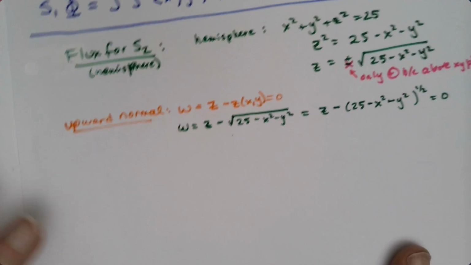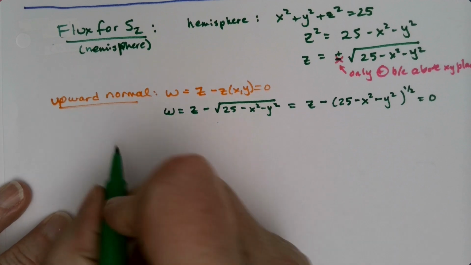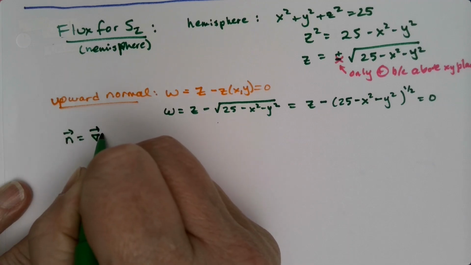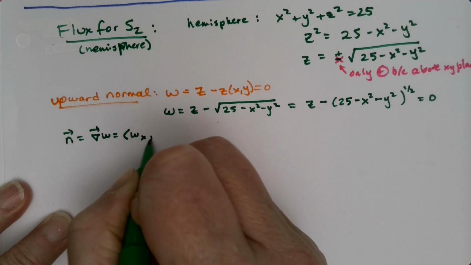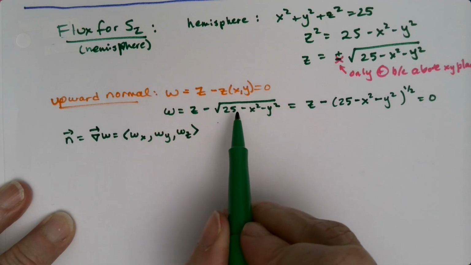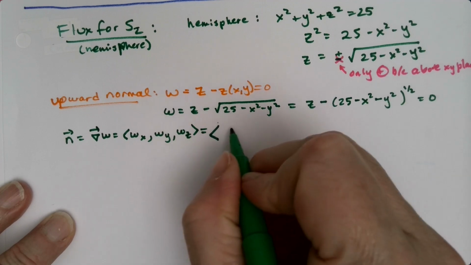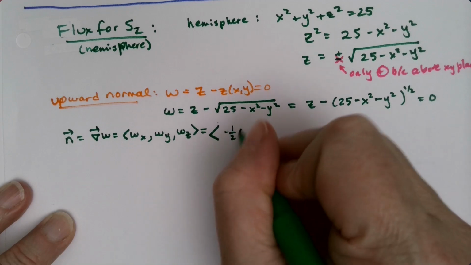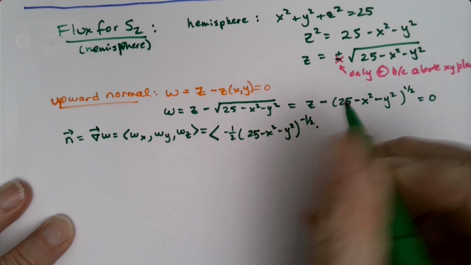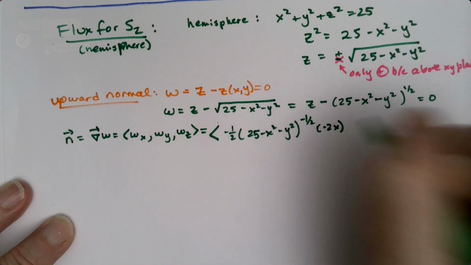Why do I find that? Why do I care? Because I need my normal vector. The normal vector is the gradient of W, which is Wx, Wy, Wz. Now, for Wx, you bring the half down, so it's negative a half times (25 minus x squared minus y squared) to the negative a half, times the derivative of the interior with respect to x, which is negative 2x.